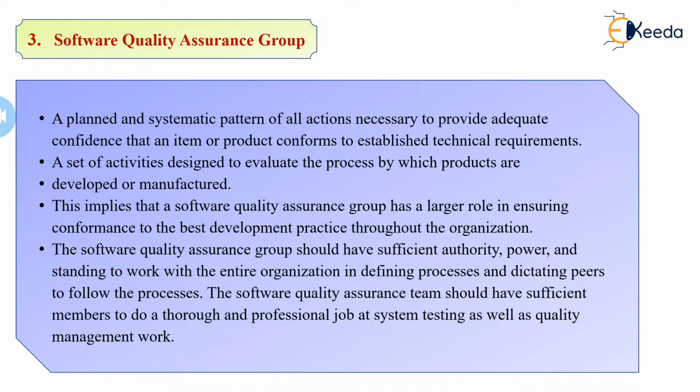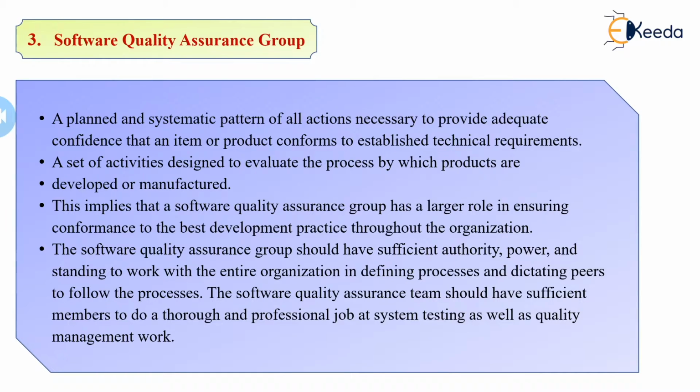So it is tallied with some factors, some criteria, and accordingly my product will be measured. The software quality assurance group will have sufficient authority, power and standing to do the work. They are most important and have the highest priority within the entire organization in defining the process and dictating to their peers to follow the process.